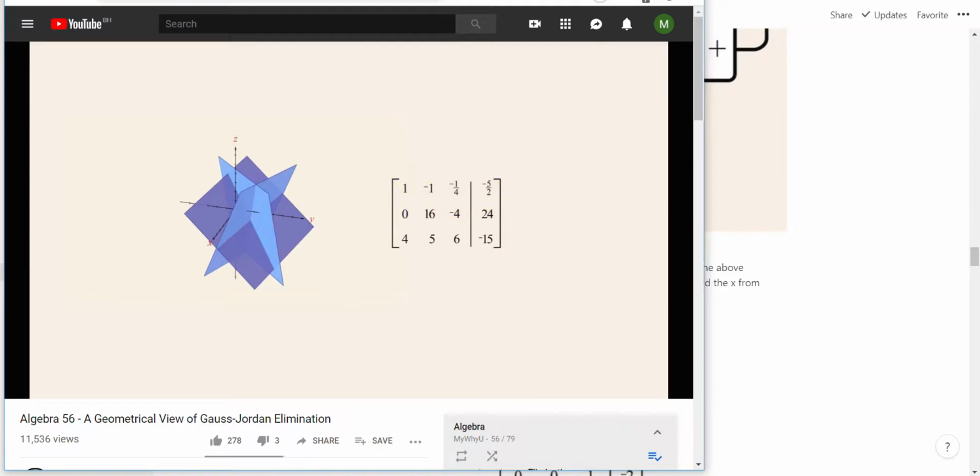Since the pivot operation adds a multiple of row 1 to row 2, it changes row 2 and causes plane 2 to rotate around its line of intersection with plane 1. And since the x coefficient in row 2 has changed to 0, plane 2 has become parallel to the x-axis.